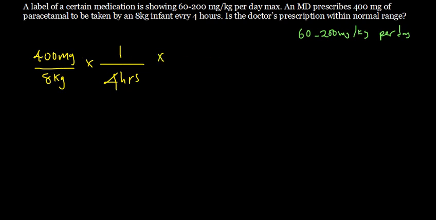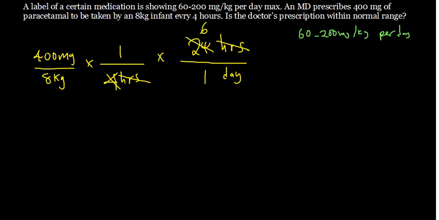Let me first say hour on top because we have got hour down, and then a day here. We know that in one day we have got how many hours? 24 hours. So the hours can cancel with the hours. 4 can go there.